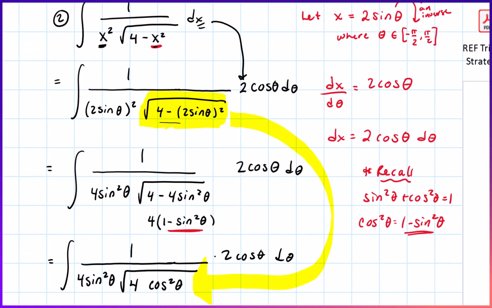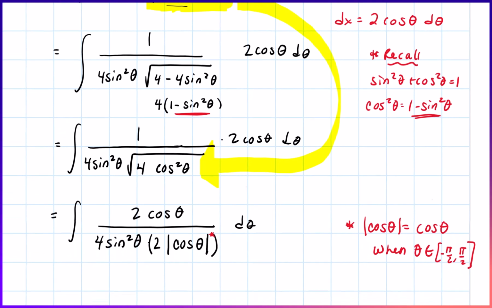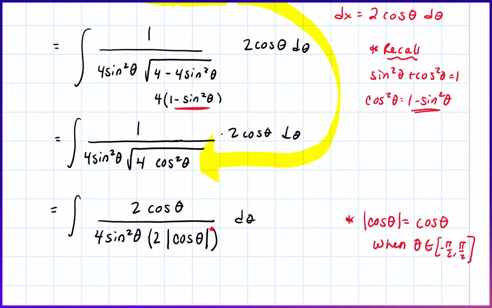And so since we did that restriction, when I took the square root and got the cosine, if we think about the cosine curve from negative pi over 2 to pi over 2, you're in the first or fourth quadrant, and it is definitely positive. It's the absolute value, so it's just equal to itself on that. It is positive, so I can drop the absolute value.